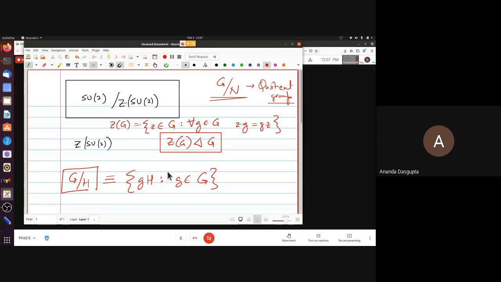And loosely, what you are really saying is something like this. What you're doing when you're quotienting is you're saying all elements of capital H are for some purpose the same. So you don't count them as different elements, you just lump them together into a single element. And that, coupled with the group multiplication law, essentially tells you that every element of a coset is going to be treated as a single element.